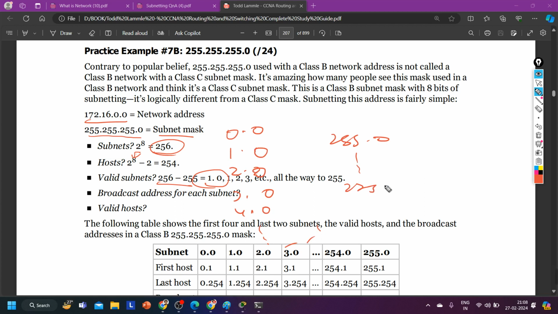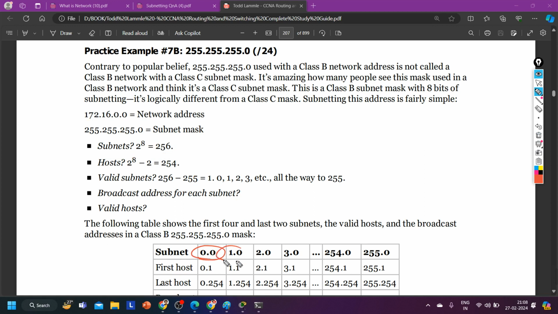Then 255.254 is the valid IP and 255.255 is the broadcast. So I get 256 networks: first, second, third, fourth, and then the second last and last network.